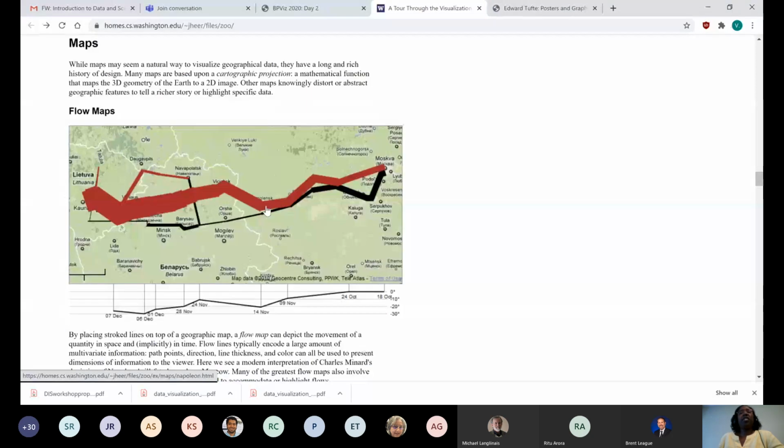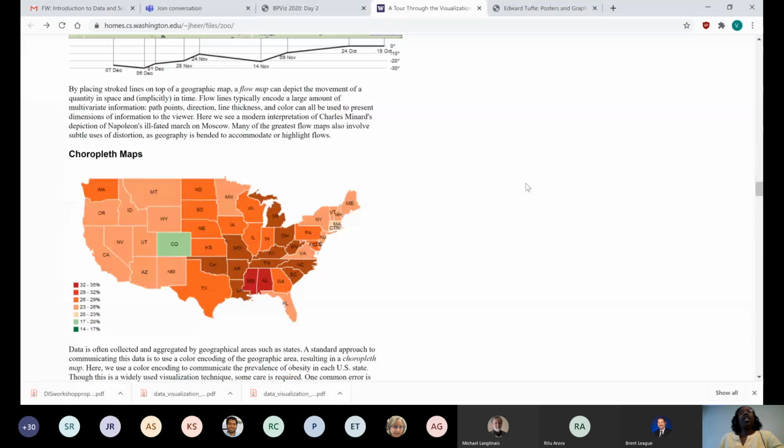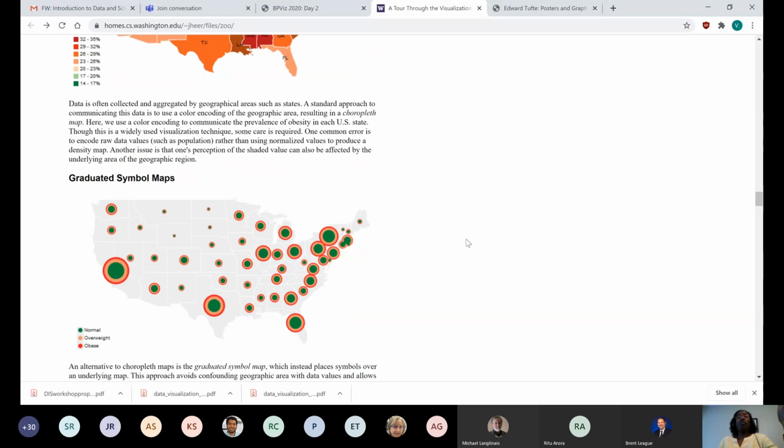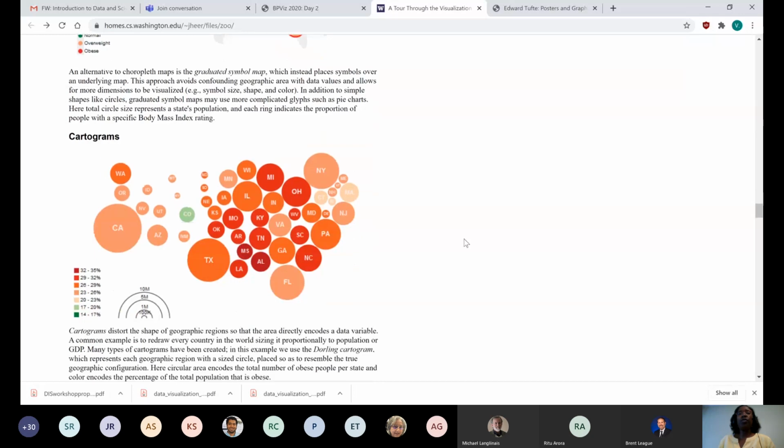Here's our famous chart that we looked at earlier. Since we've already looked at it, I won't click on it here. If you have geographic type data, you can do visualizations using maps, but you then use different ways to represent that data. So there's a lot of different things that you can do.